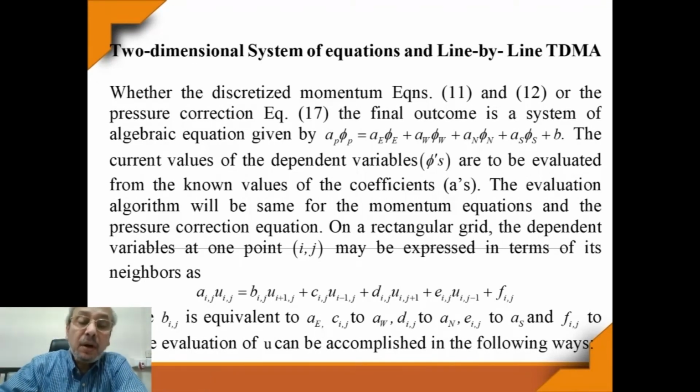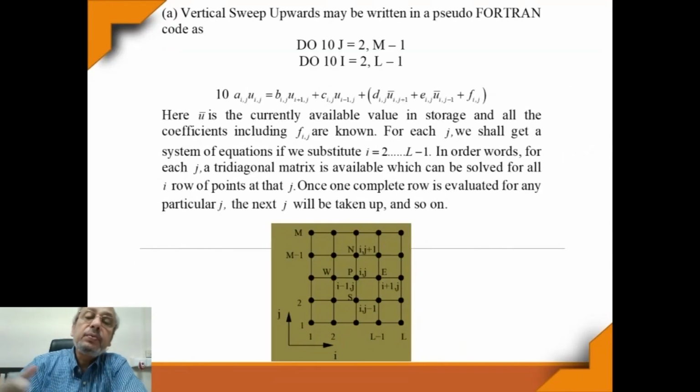The evaluation of U can be accomplished in the following ways. It is not a tridiagonal matrix, but if we can solve in the format of a tridiagonal matrix, we get some advantages. Vertical sweep upwards may be written in pseudo Fortran code or pseudo C code.